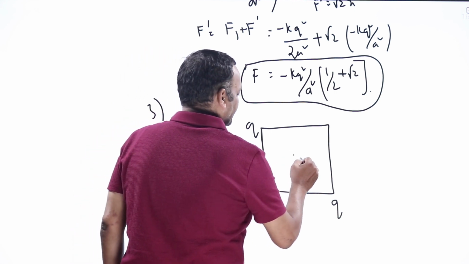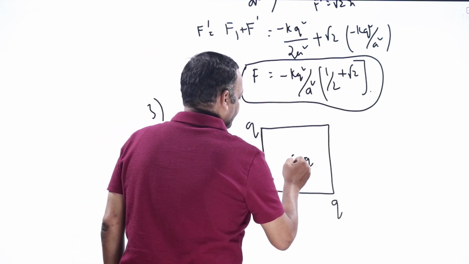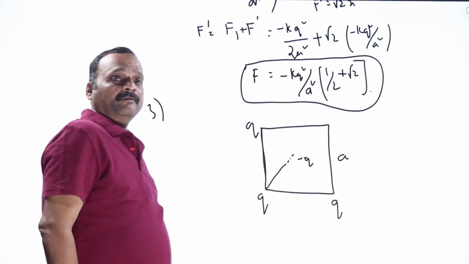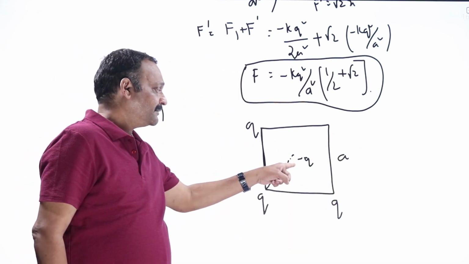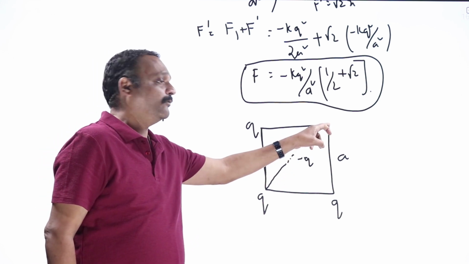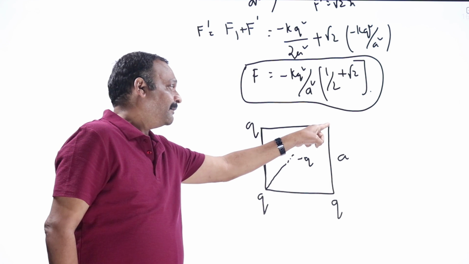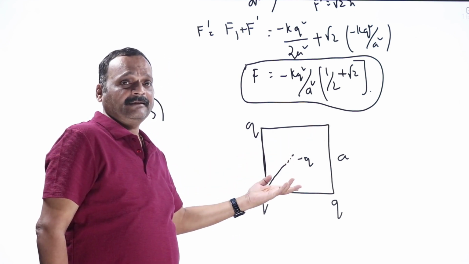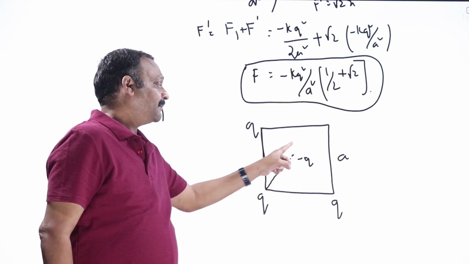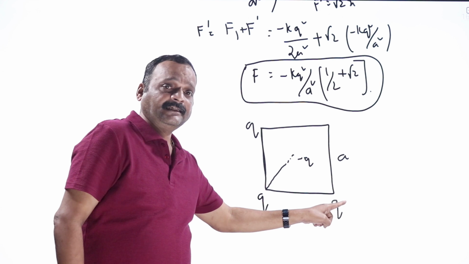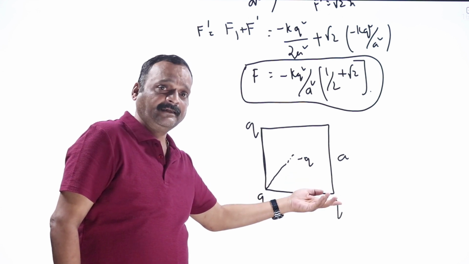There is one charge minus Q at the body center of this square. What is the magnitude of the resultant force acting on this minus Q? Earlier we found it at the corner. Now I am putting the same minus Q charge at the center of the square. What is the resultant force acting on this minus Q due to these three charges? Try that as an exercise.